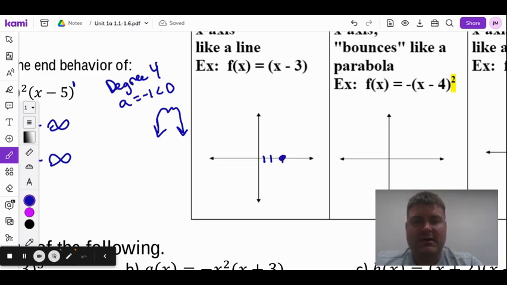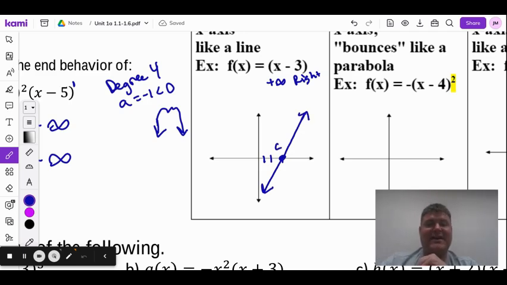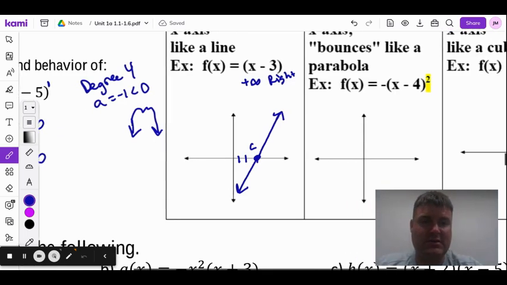I have a positive right end behavior. So positive infinity for right end behavior. So I'm going to be up here. I put a little C right there saying, hey, I just cut that. All right. That's a cut. It looks like a linear function. It's going to go through the x-axis as a linear function.